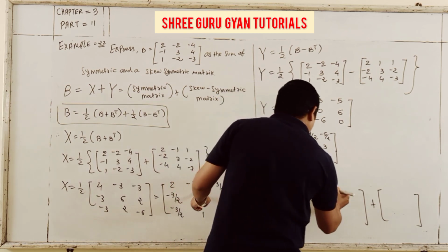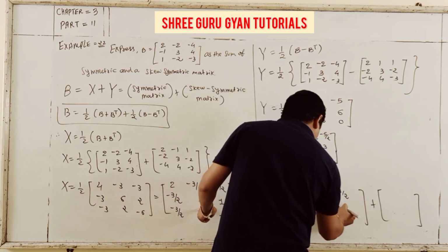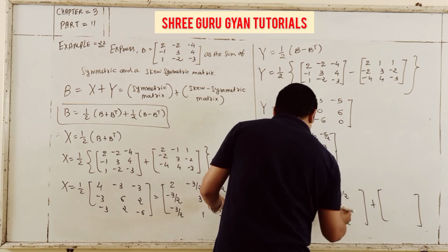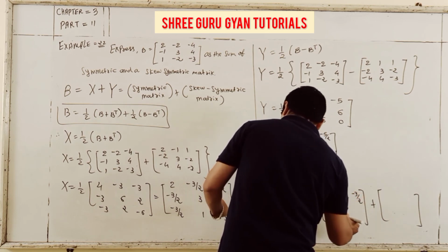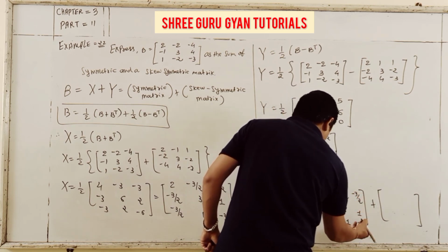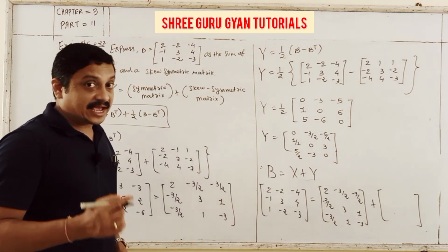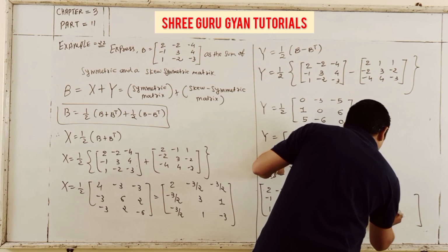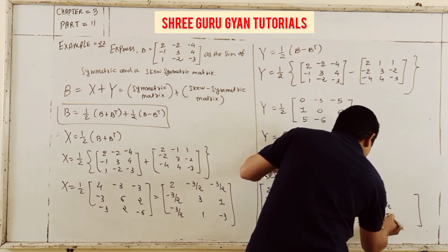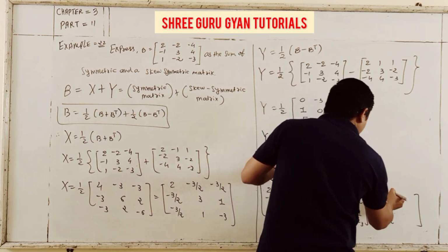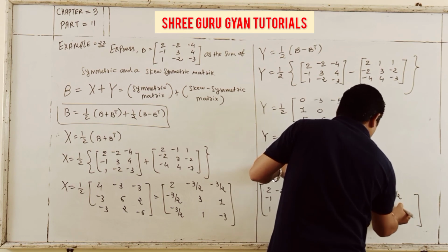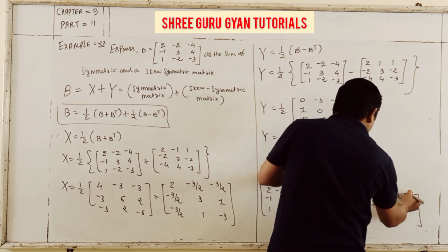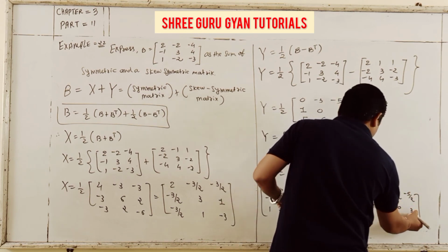Minus 3 by 2, 3 and 1, and last again minus 3 by 2, 1 and minus 3. And secondly Y is that 0, half 5 by 2. Continue, minus 3 by 2, 0, minus 3, and minus 5 by 2, 3 and 0.